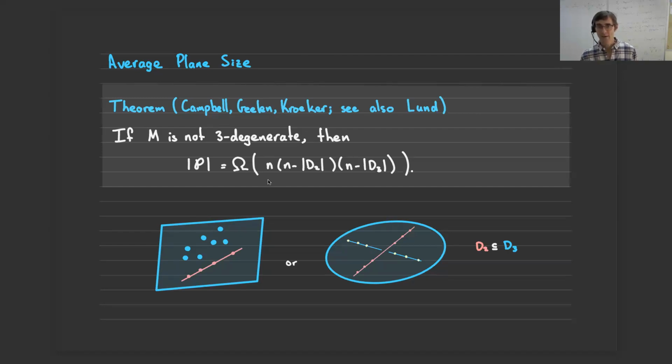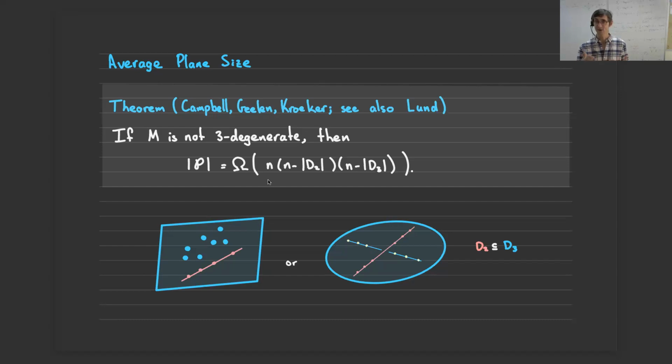Okay, so we have this good estimate on the number of planes. And I will point out that I'm not going to go into the proof of this result at all. It's not that complicated, but it's a bit technical. But in a lot of ways, it's the most mathematically interesting part of the paper.